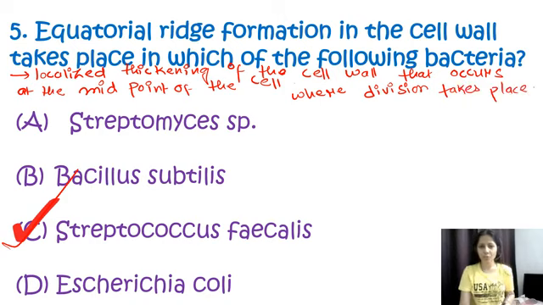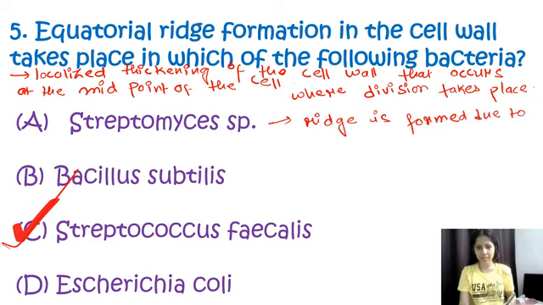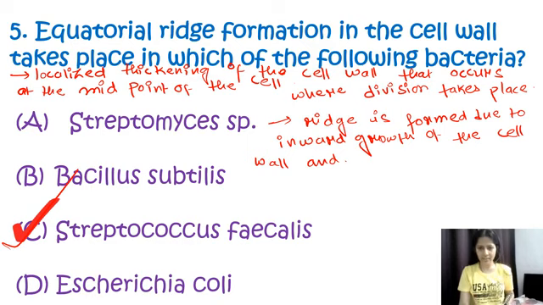Even this ridge is formed due to inward growth of the cell wall and the membrane at the division septum.